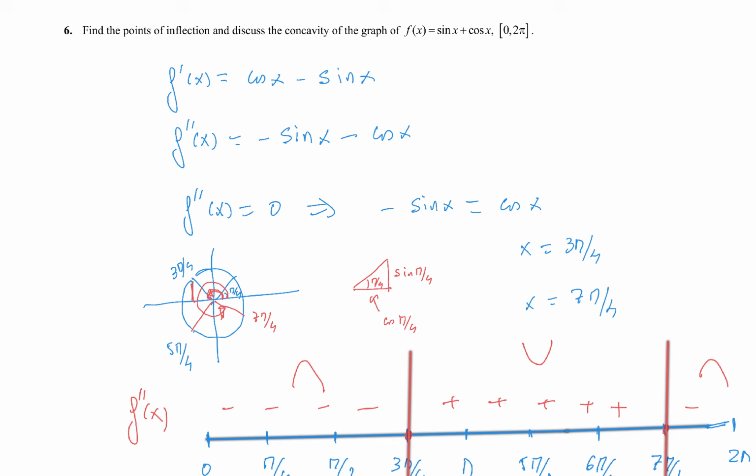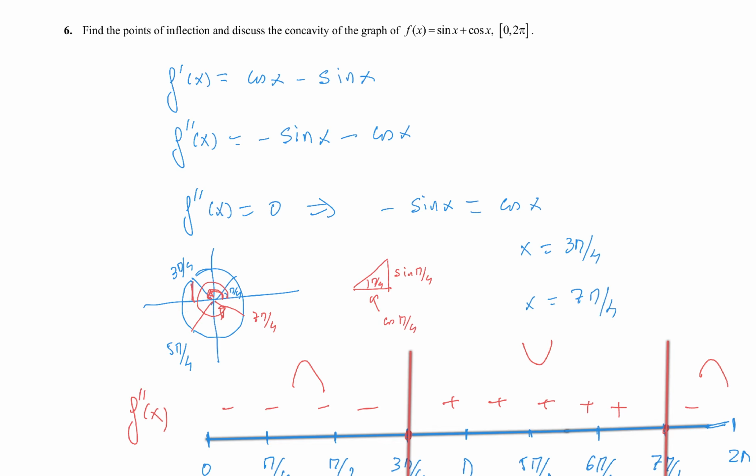So this is a 45 degree angle, here is a 45 degree, and here is also 45 degree. At these angles, the sine and the cosine have signs that differ. At 3 pi divided by 4, the sine is positive and the cosine is negative.